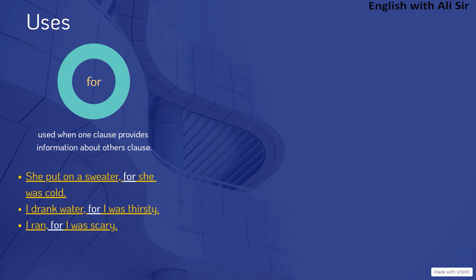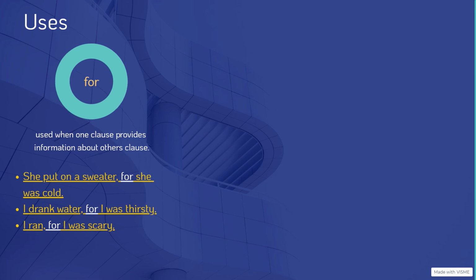It is similar to because but is used to form compound sentences. For example, she put on a sweater for she was cold. I drank water for I was thirsty. I ran for I was scared.